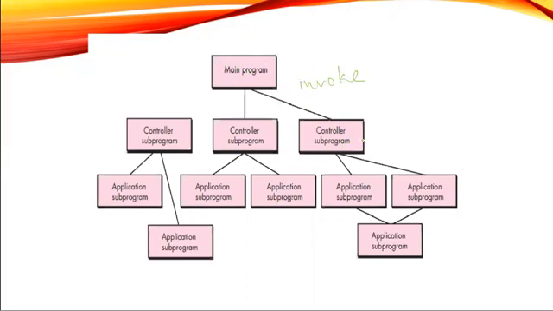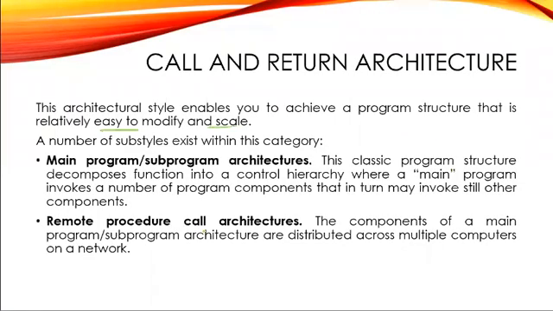This controller subprogram is again going to invoke another application subprogram. That is, in order to complete a task, you're invoking another set of components. You've got main program, controller subprogram, application subprogram, then another application subprograms.